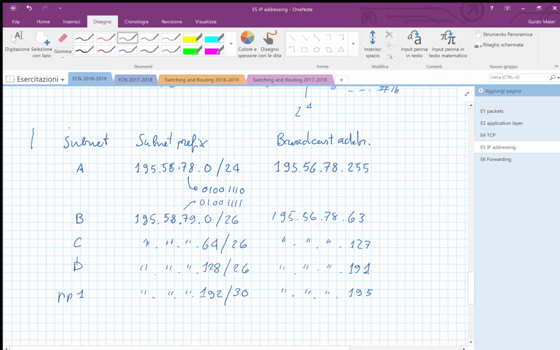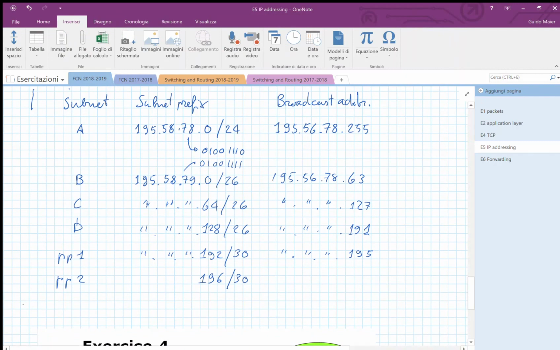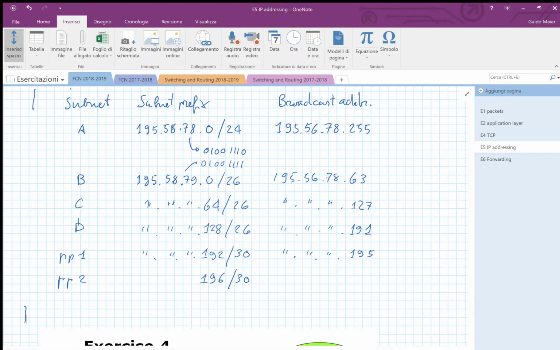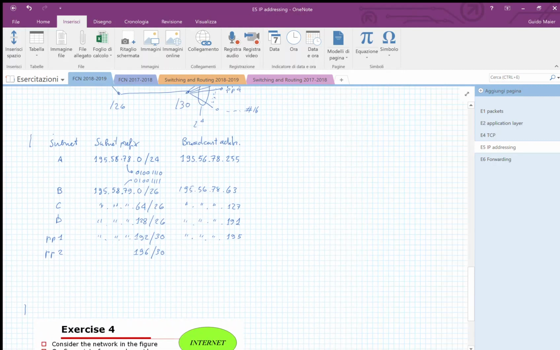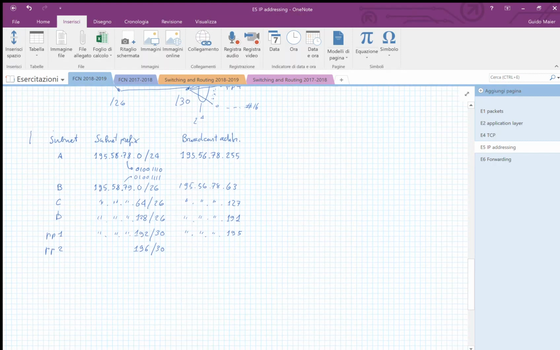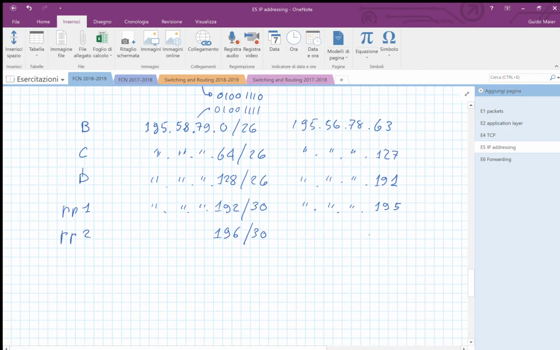Point-to-point 2 starts at 196, and here we will have 199.